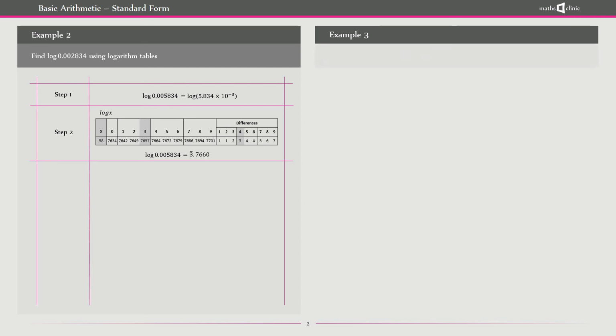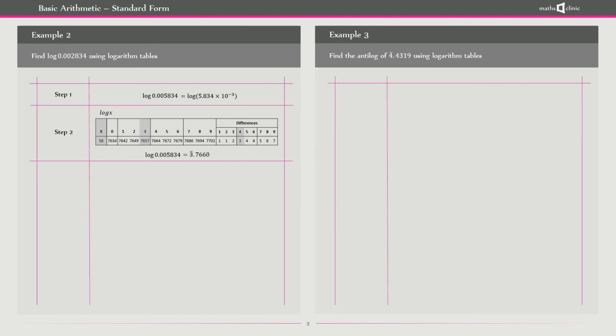Example 3 says find the antilog of bar 4.4319. So we have bar 4.4319 as a logarithm of a number, and we've been asked to find that number.